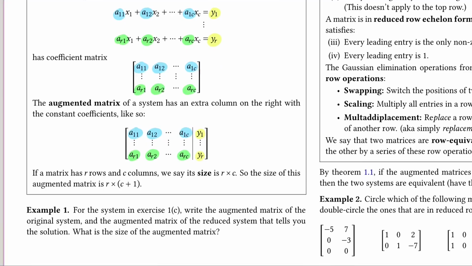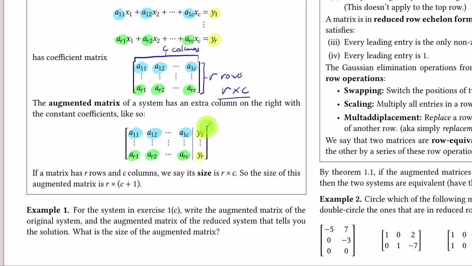So we're also going to talk about the size of a matrix. The size of the matrix you write is the number of rows by the number of columns it has. So this matrix has one column for every one of the c variables, so that makes c columns, and one row for every one of the equations, so the size is r by c.